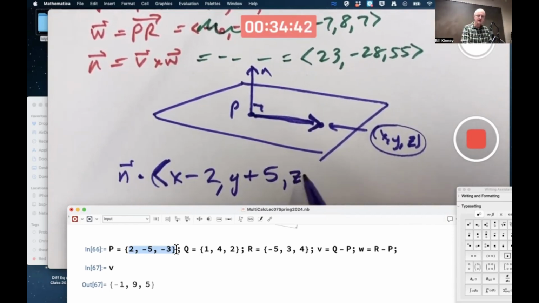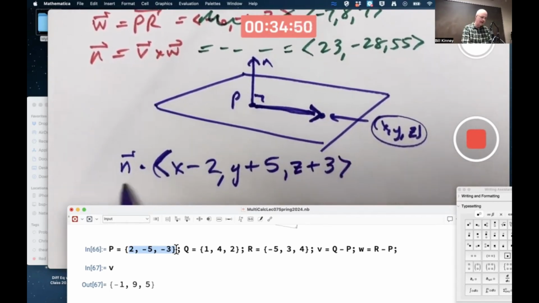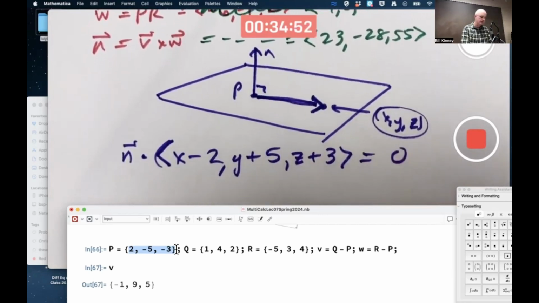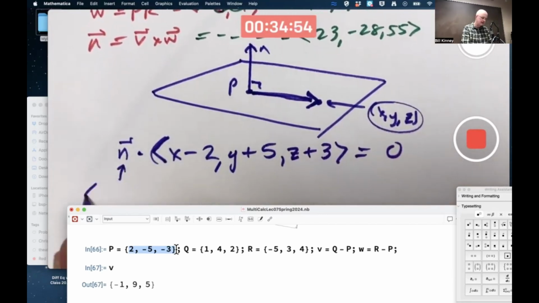Comma z minus the third component of P, which is negative 3. Z minus negative 3 is z plus 3. And this has to equal 0, the number 0, where again, N is 23, negative 28, 55.